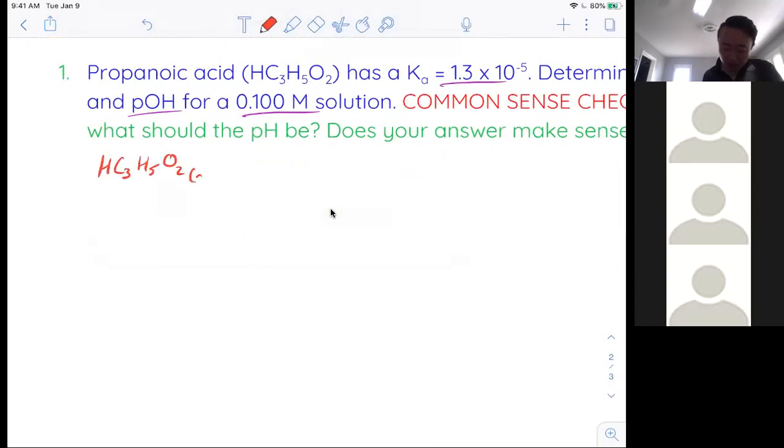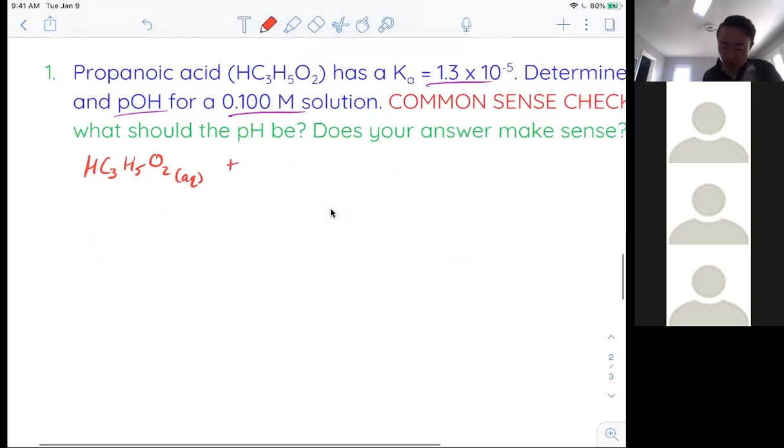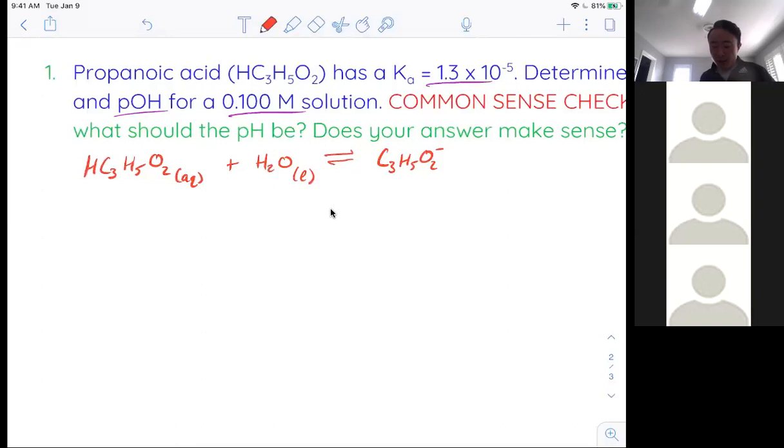HC3H5O2 aqueous plus H2O liquid. This is going to be a weak acid, so I'm going to say this is in equilibrium with C3H5O2 minus, because the first compound will lose its H, and when you lose an H plus ion, that plus goes away with it.